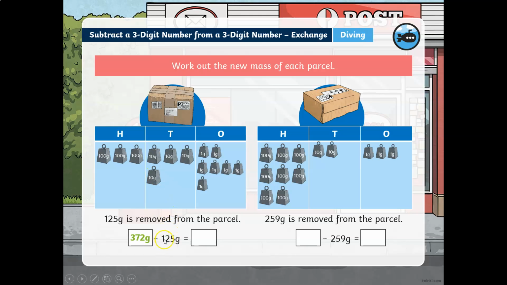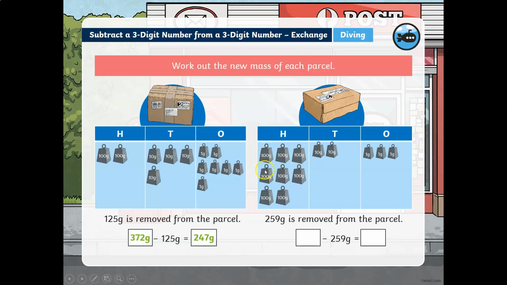And here we need to just take 1 from 3, which leaves us 2. So your answer is 247. Okay, so over here we have to figure out how much the package weighs.